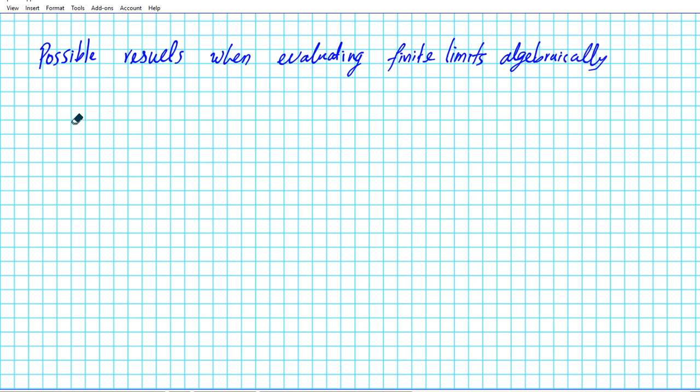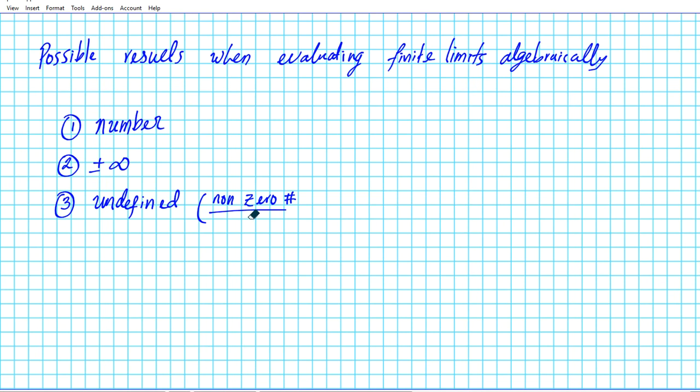You can get a number, a defined number as an answer. You could get positive or negative infinity. You can also get an undefined result. You can get an undefined result in two cases. You can get an undefined result when you have a non-zero number divided by 0.